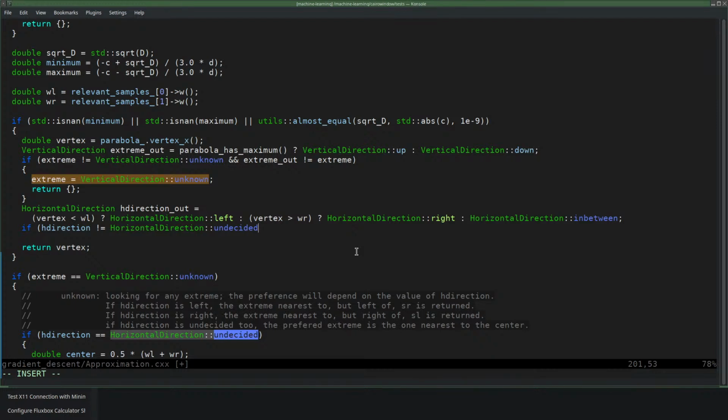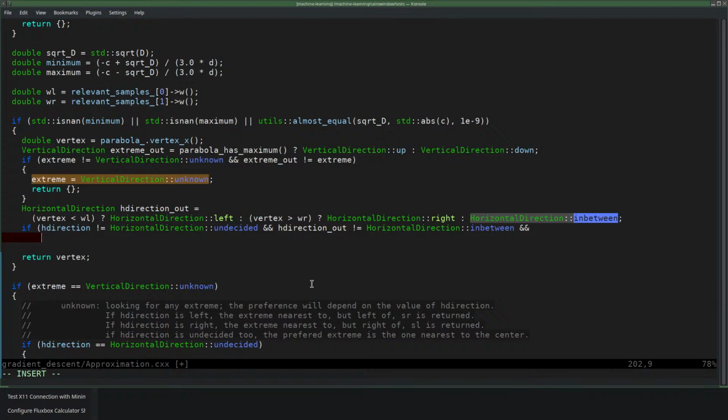But if it is unequal undecided, then in between is always good. And then also H direction out cannot be equal to in between.